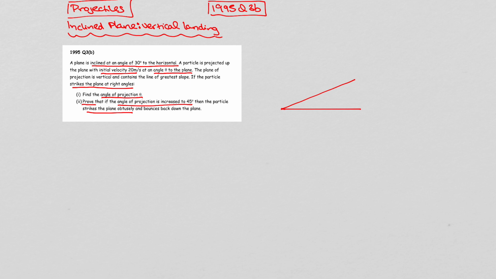So our inclined plane is an angle of 30 degrees. We have our particles projected up into the air with a velocity of 20 meters per second at an angle of theta to the plane. And then the particle lands at 90 degrees.